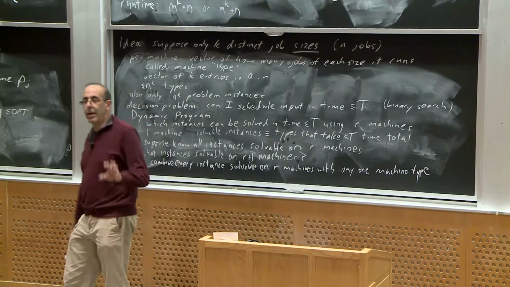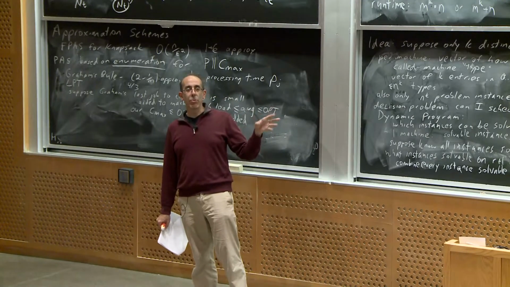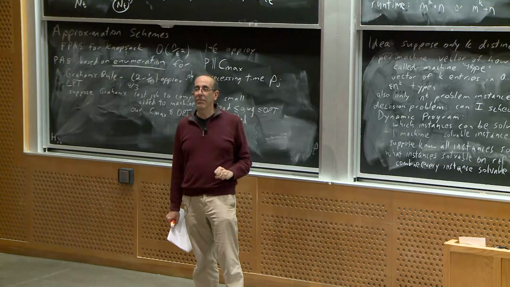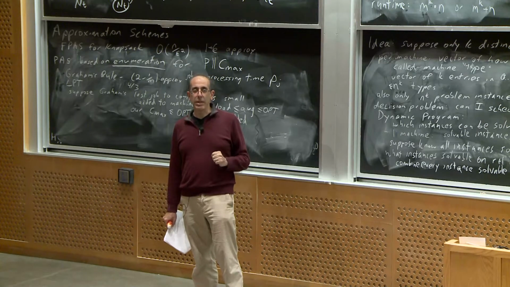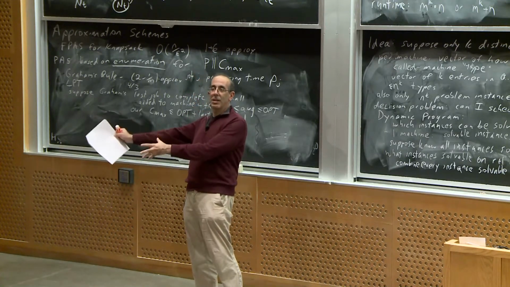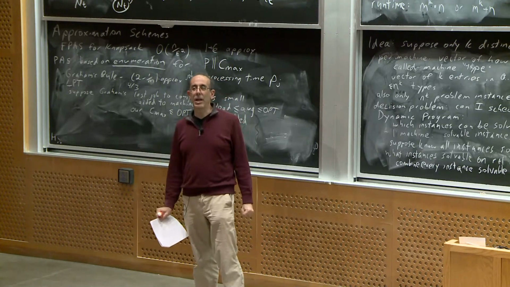We take any set of jobs that can be solved on R machines, and we add the jobs from one more machine that can also be solved in time t. Make sense? And how long will it take us to do this?